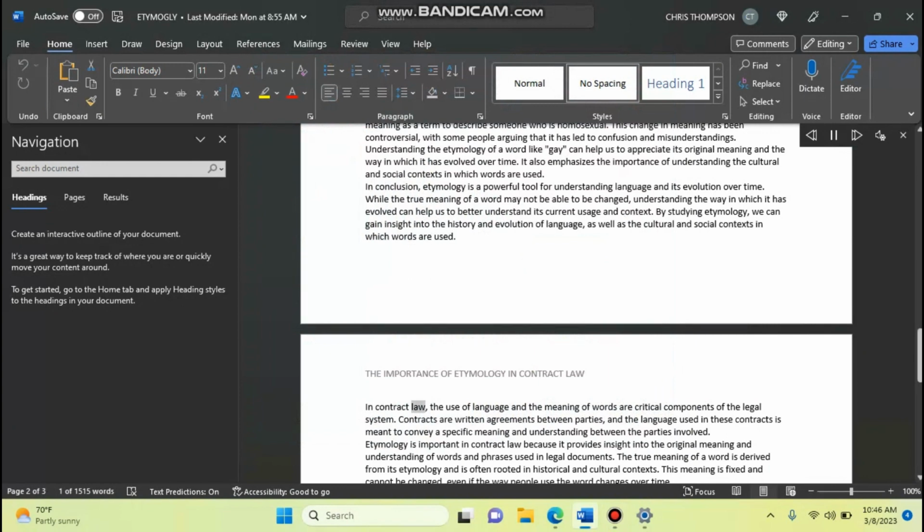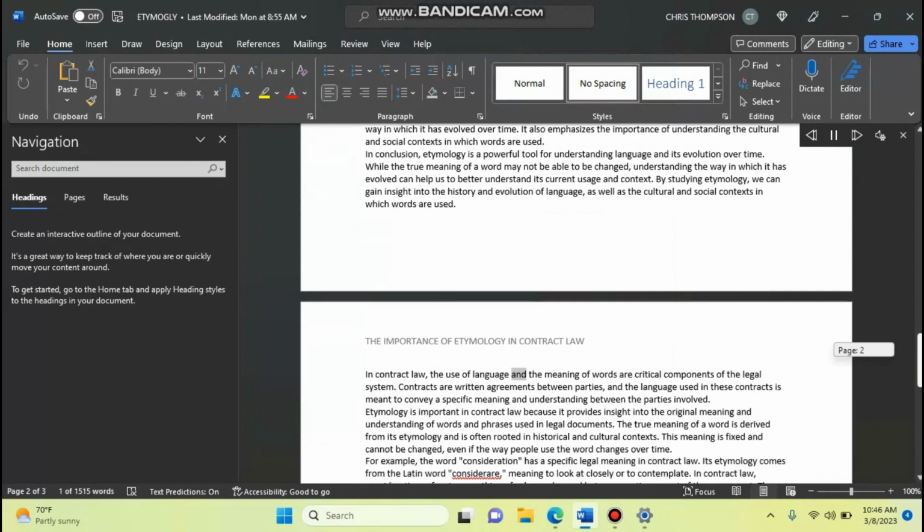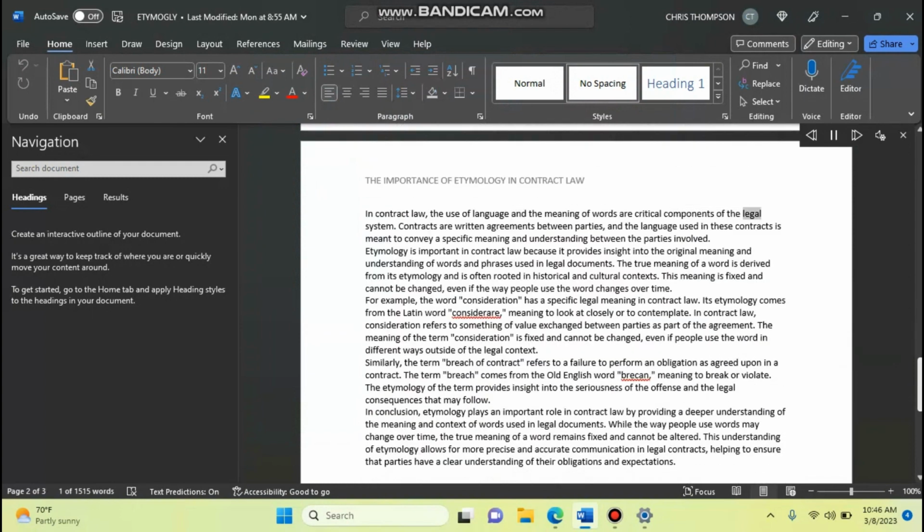In contract law, the use of language and the meaning of words are critical components of the legal system. Contracts are written agreements between parties, and the language used in these contracts is meant to convey a specific meaning and understanding between the parties involved. Etymology is important in contract law because it provides insight into the original meaning and understanding of words and phrases used in legal documents.